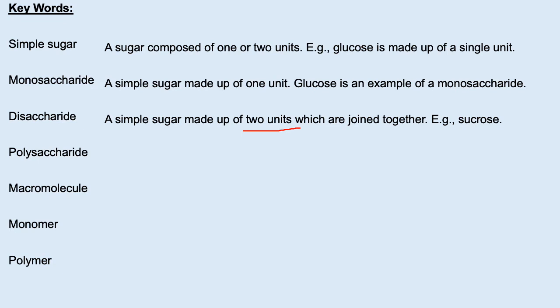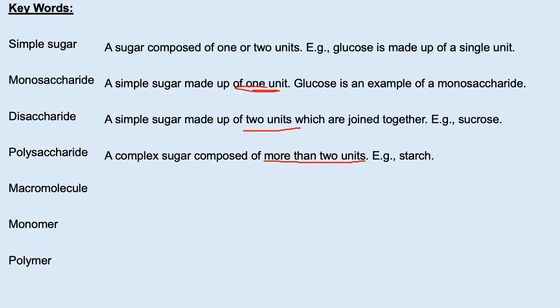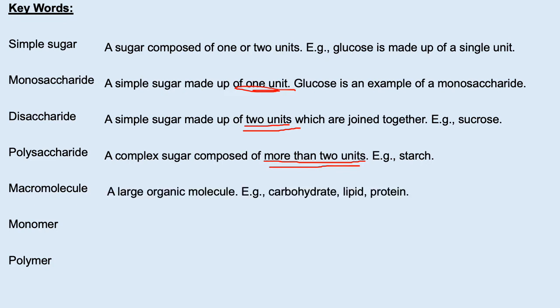And an example of this is sucrose. A polysaccharide is a complex sugar composed of more than 2 units. So you must have more than 2 units of a sugar to have a polysaccharide, whilst a monosaccharide is a simple sugar made of 1 unit. So you've got 1 unit, 2 units, and more than 2. So an example of a polysaccharide is starch.